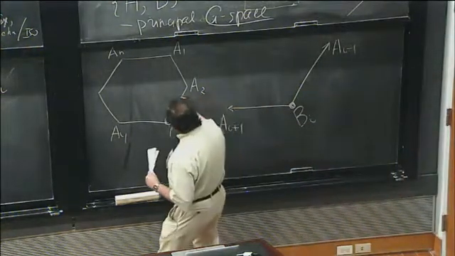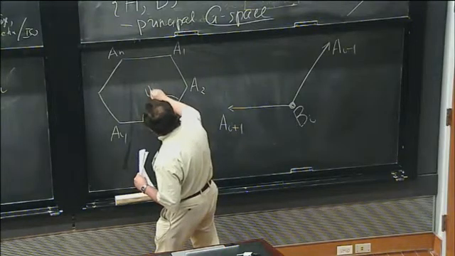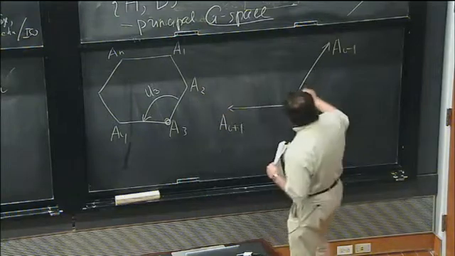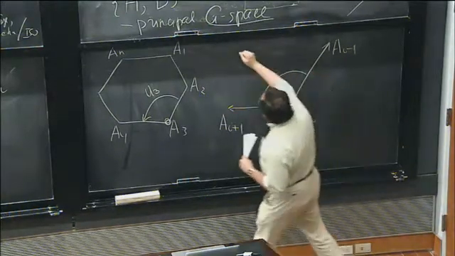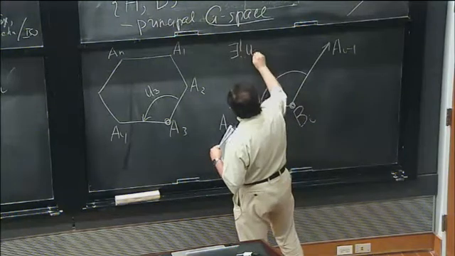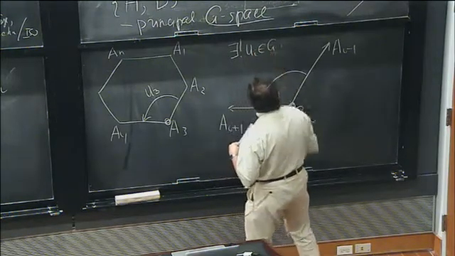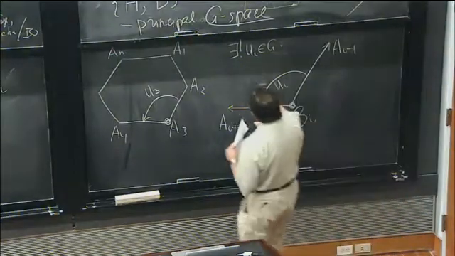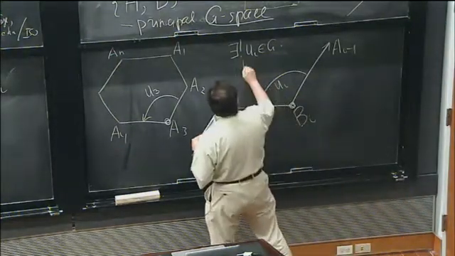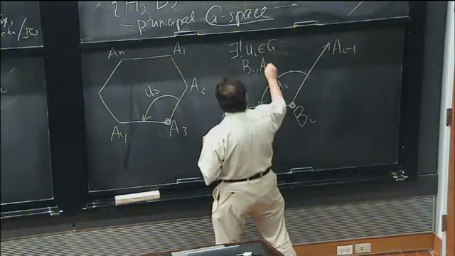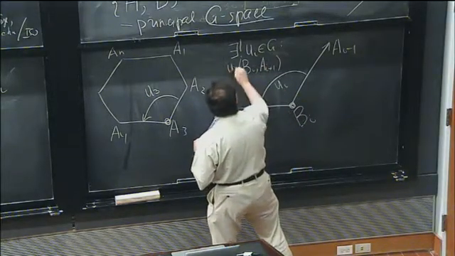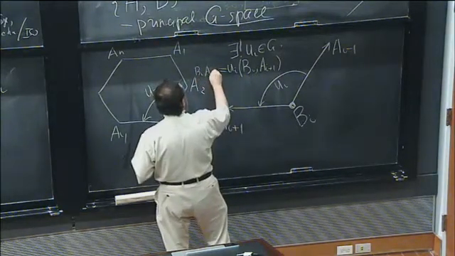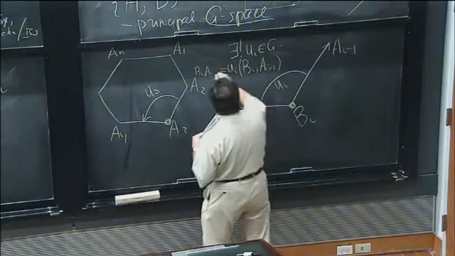And then I'm going to say that there is a unique, in this case U_i, element of the group which transports this frame to this frame. So in this picture, the claim is that there exists a unique U_i in the group G, which has the property that when you consider this frame B_i, A_i plus 1, and you apply U_i to it, you get the other frame, B_i, A_i plus 1.